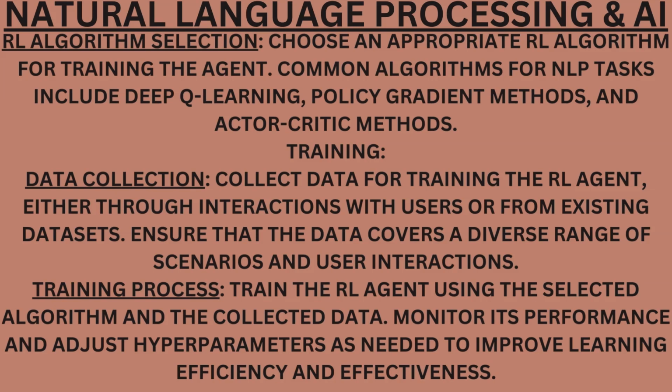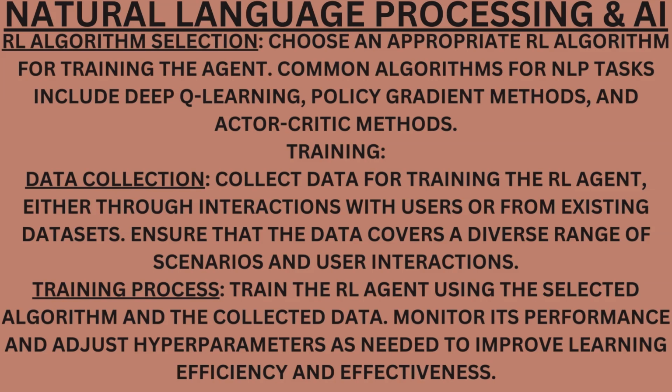Training. Data collection. Collect data for training the reinforcement learning agent either through interactions with users or from existing datasets. Ensure that the data covers a diverse range of scenarios and user interactions. Training process. Train the reinforcement learning agent using the selected algorithm and the collected data.